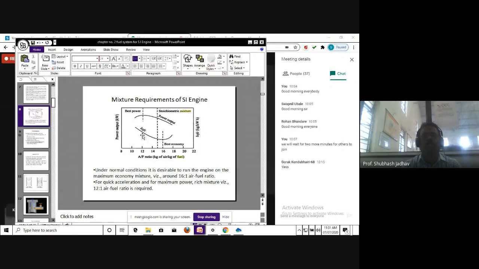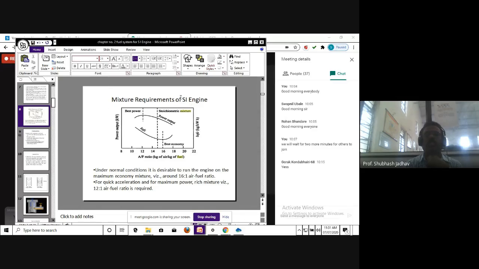Okay, so bikes which generally are more suitable for running at a high power, which are giving higher power, they will be set for these particular air fuel ratios. And those which are set for economic running, they will be set for this particular range. Okay.